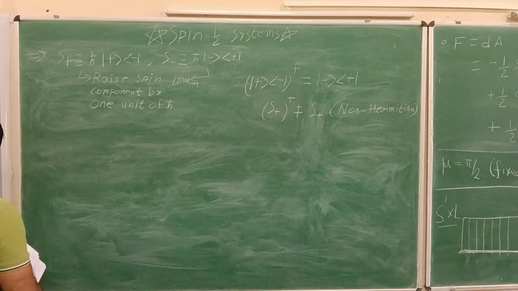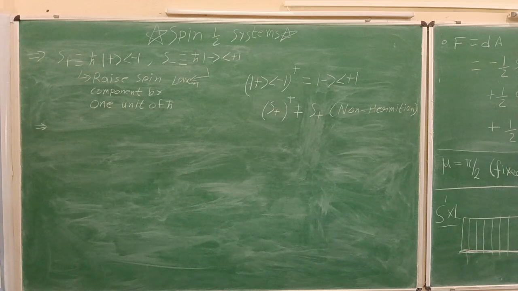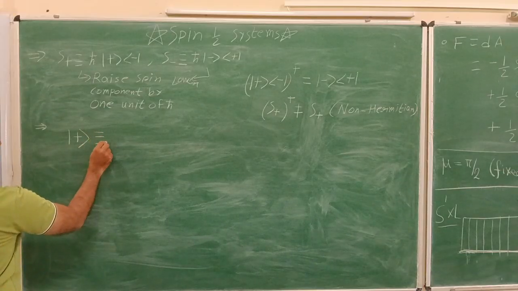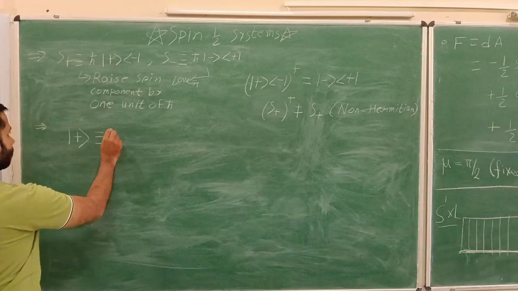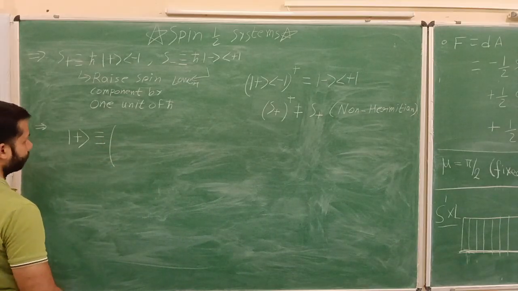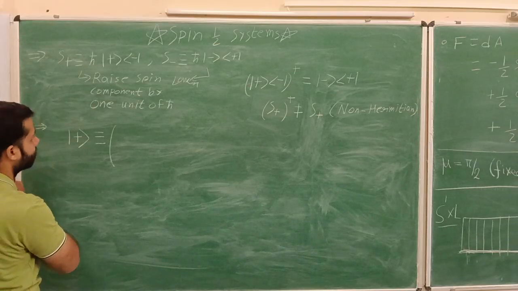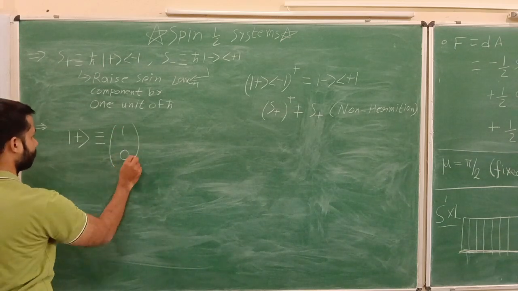Okay, fine. So the next step is how we are going to represent these spin eigenstates or angular momentum states. So we have defined this plus and minus. In terms of matrix representations, it is generally customary to have the highest value of whatever observable or eigenvalue first, and the rest of the entries are zero.